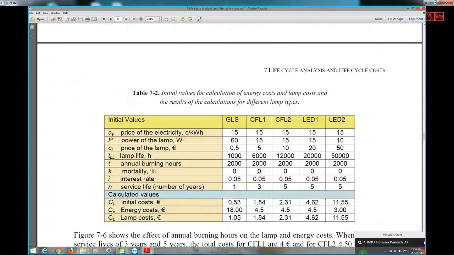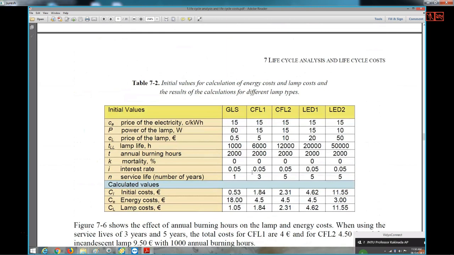Now coming to this calculation, here we are going to see how different lamps differ in their performance. Price of electricity, in rupees per kilowatt hour. This is incandescent lamps, that is 15, fluorescent lamps, CFL lamp 1, CFL lamp 2, different categories, 15 each. LED lamp 1 and LED lamp 2 have 15 each.